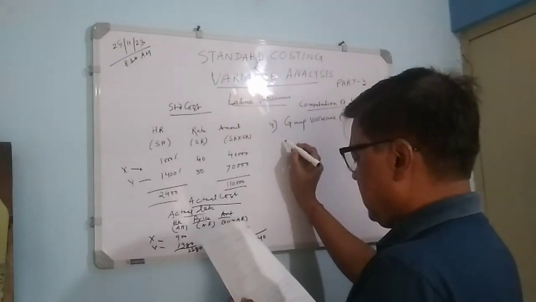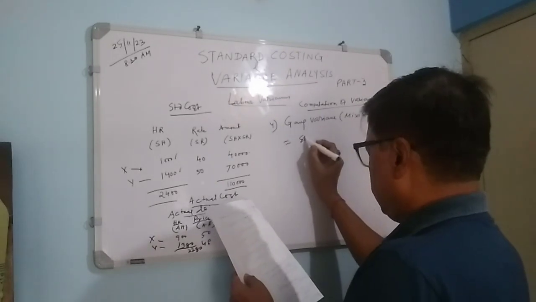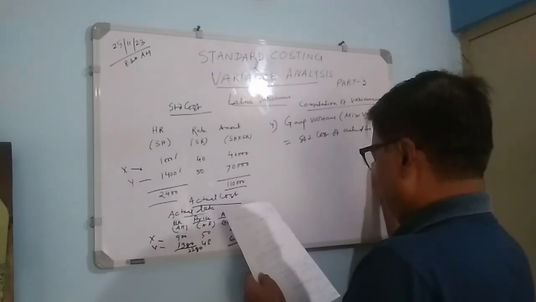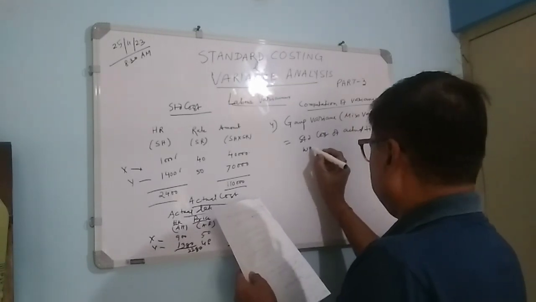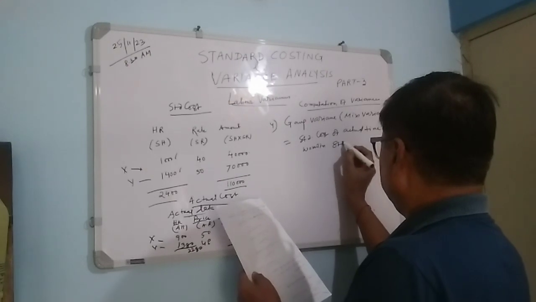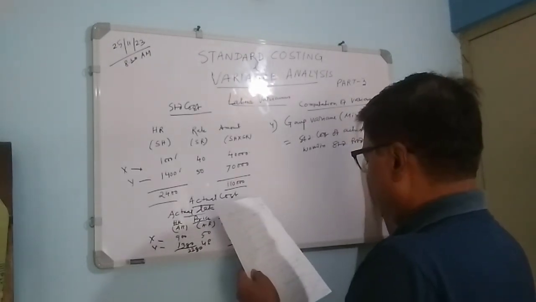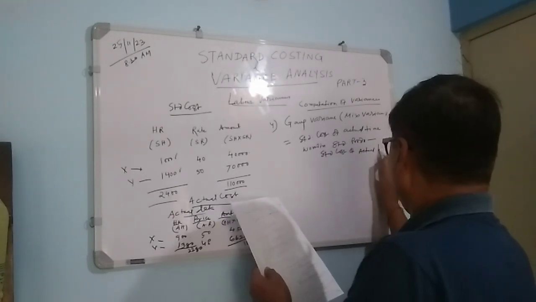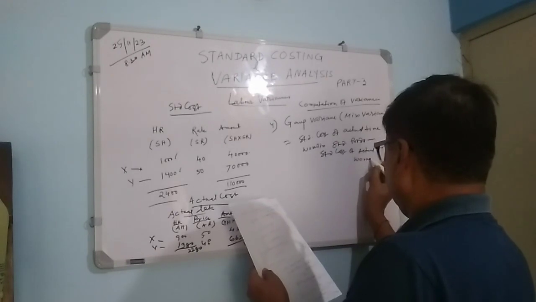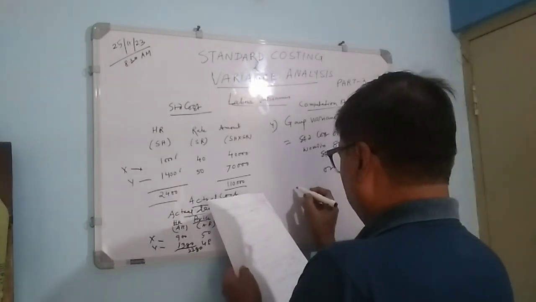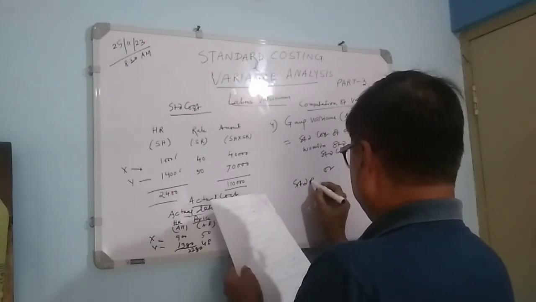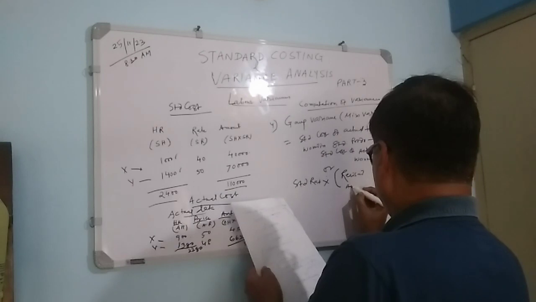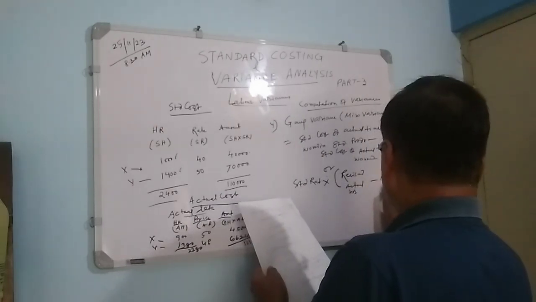In this case, our gang variance formula is standard cost of actual time worked in standard production minus standard cost of actual time worked, or we can remodify this formula: standard rate into revised actual hours minus actual hours.